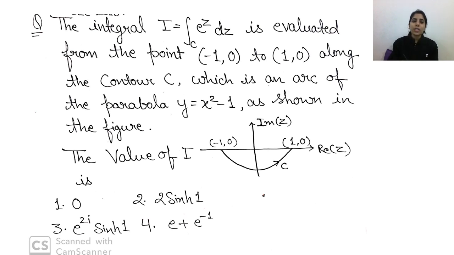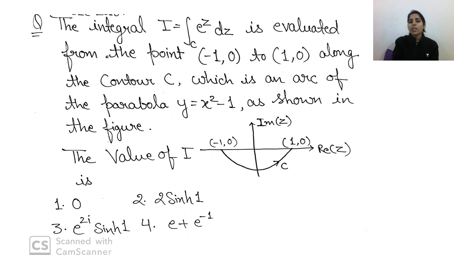Now the question is, the integral I is equal to integration over C of e to the power z dz, evaluated from the point minus 1 comma 0 to 1 comma 0 along the contour C, which is an arc of the parabola y is equal to x square minus 1 as shown in the figure. The value of I is.